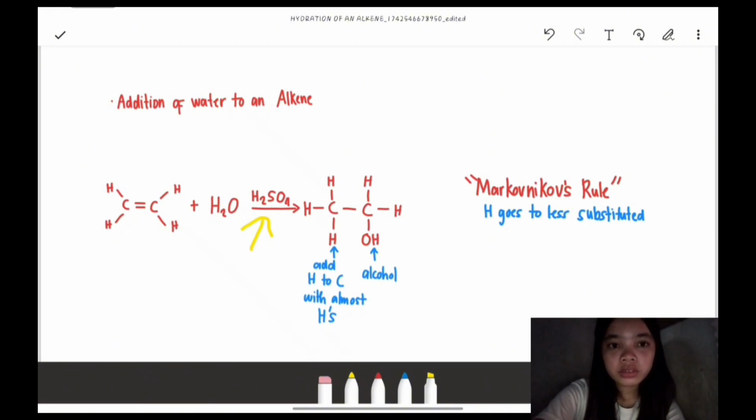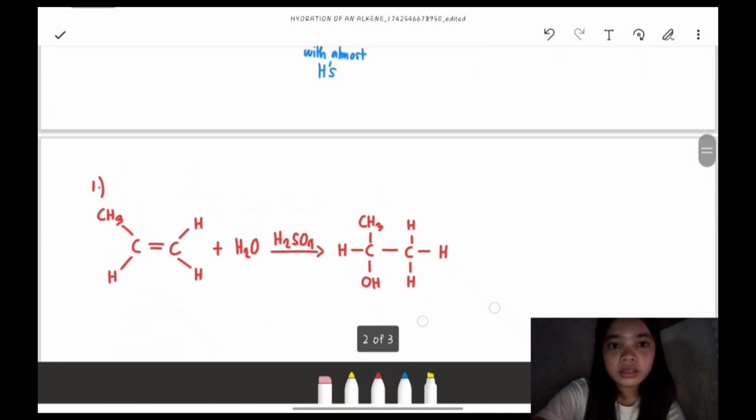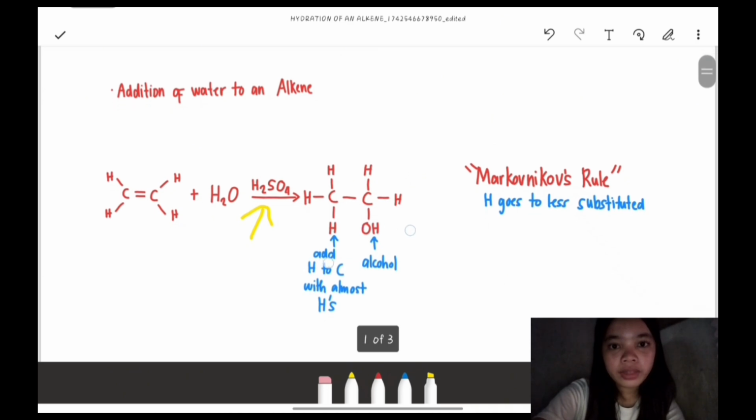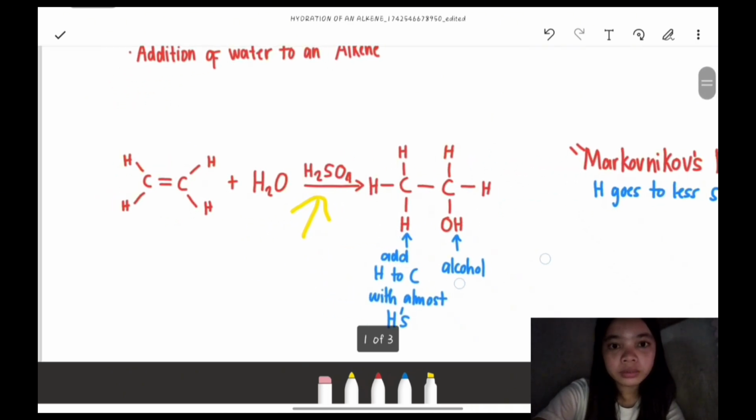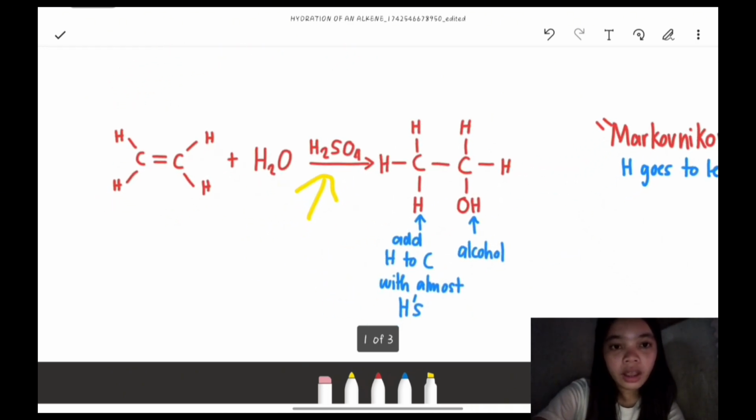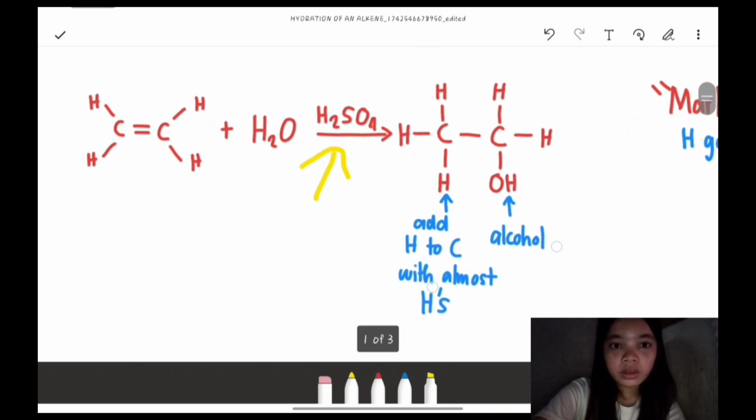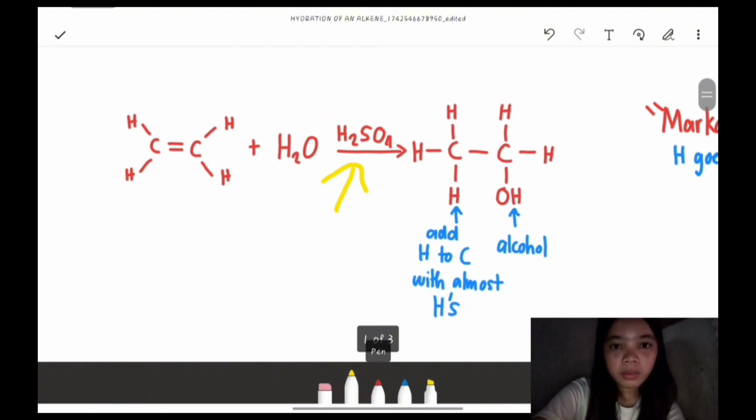So let's move on to the basic formula. You're going to have the alkene plus water, and when it breaks apart, the hydrogen will go on one carbon when the double bond breaks, and the hydroxide will go on another carbon. So here I've got ethene with my water in the presence of the strong acid, sulfuric acid.